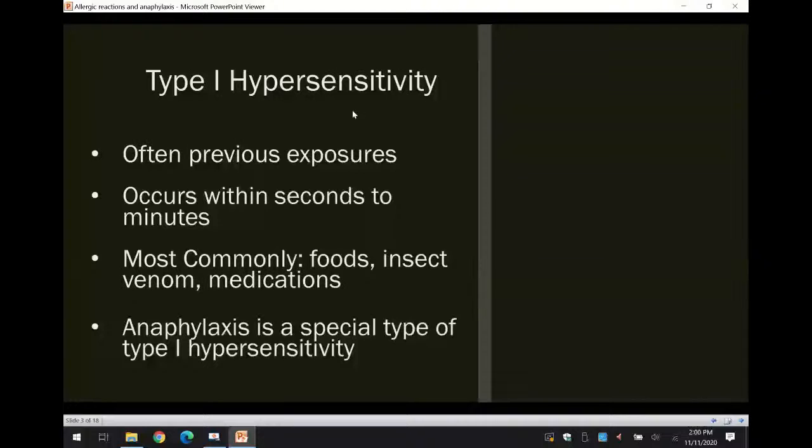Like I said, it occurs within seconds to minutes. Your most common allergens are foods, insect venom, your bee stings, wasps, and medications, your penicillin allergies, sulfa, other types of drugs. And then anaphylaxis is essentially a special type of type 1 hypersensitivity reaction.